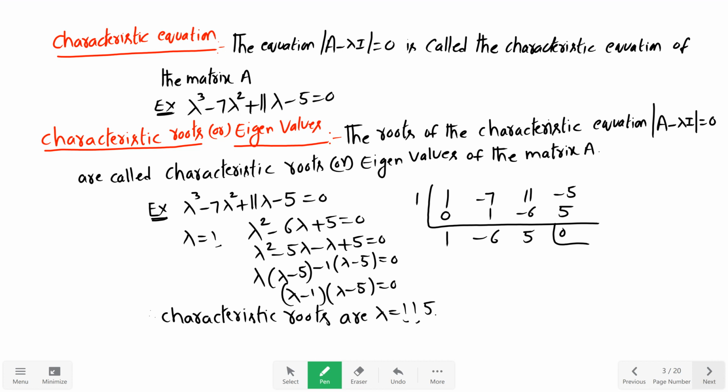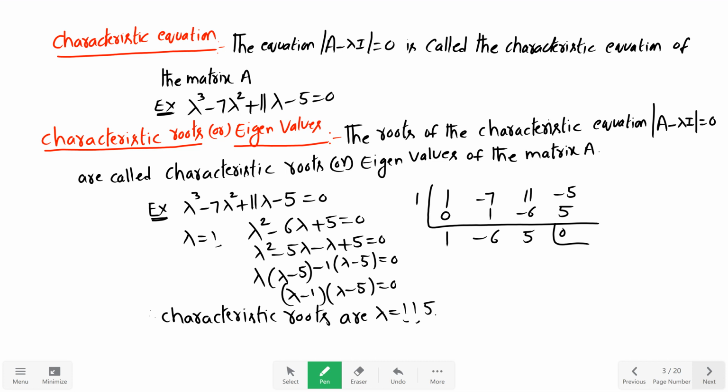Using synthetic division, the coefficients are 1, minus 7, 11, minus 5. Verifying with 1: 1, minus 6, 5, and the remainder is minus 5 plus 5, which is 0.